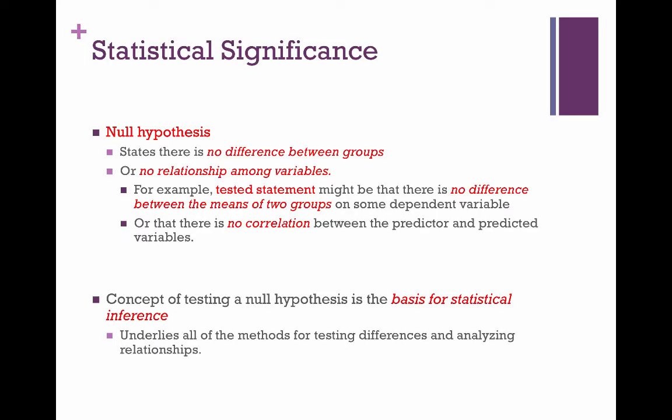Talking about statistical significance now. We start with the null hypothesis, which states that there's no difference between the groups or no relationship among the variables. For example, the tested statement might be that there is no difference between the means of the two groups on some dependent variable, or that there is no correlation between the predictor and predicted variable, whether we're looking at differences or relationships.